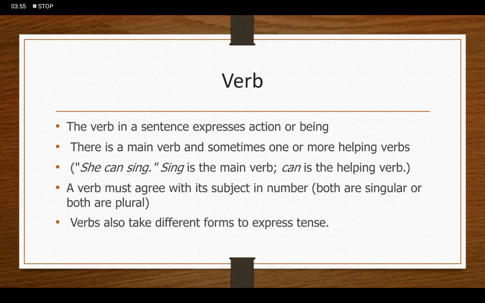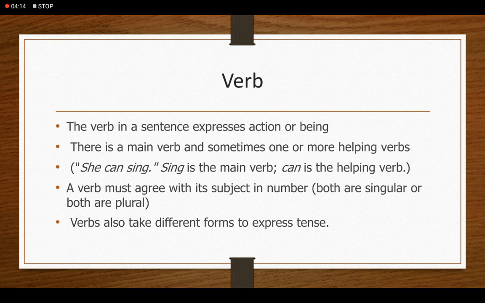Along with nouns, verbs are the main part of a sentence or phrase telling a story about what is taking place. Can sing. In this sentence, sing is the main verb and can is the helping verb.